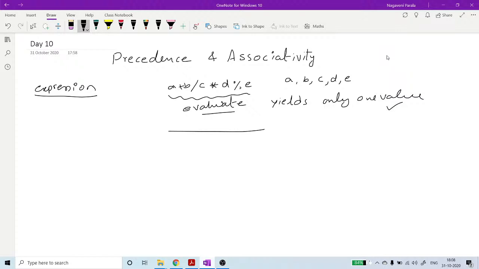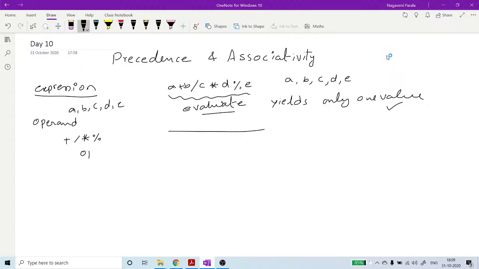So what is an expression? By seeing this, we can understand that it is a collection of operators and operands. Here A, B, C, D, E are operands. And in this particular expression, we have plus, division, star and modulo.